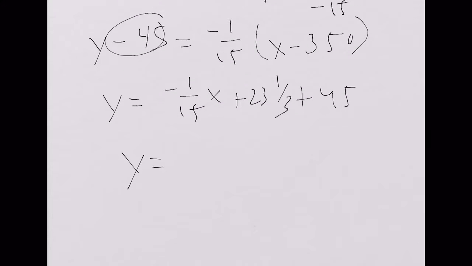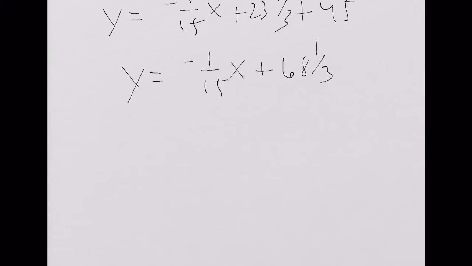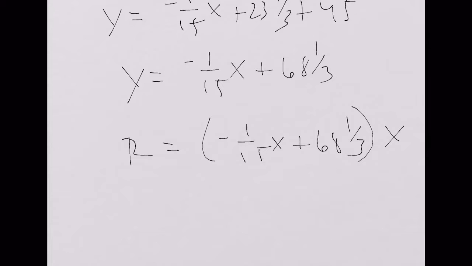And so my price equation, so what is that, 68 1/3, and I think that's what we had. So my revenue equation is going to be my price times how many I sell, x. So I get negative 1/15 x squared plus 68 1/3 x.